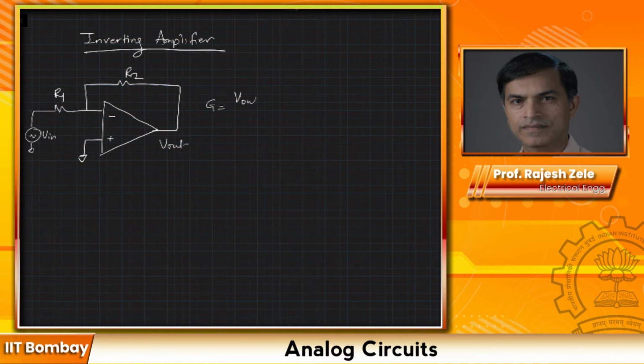This would be the case if the op-amp is ideal with infinite gain, and if the op-amp has gain AV, we have already figured out that this term modifies to 1 plus R2 divided by R1 divided by 1 over AV.